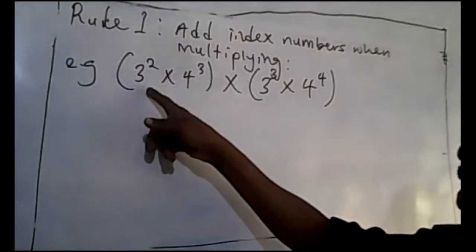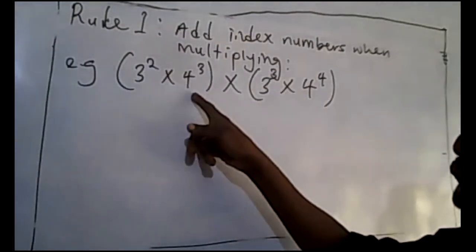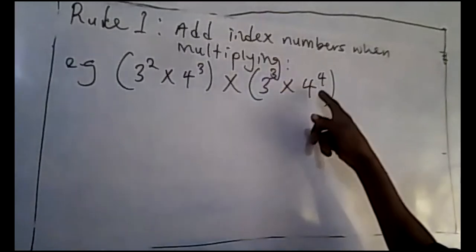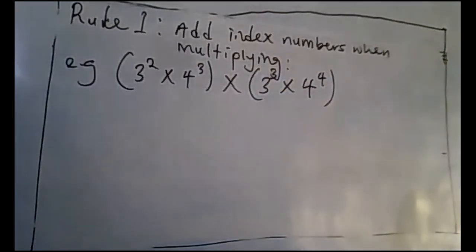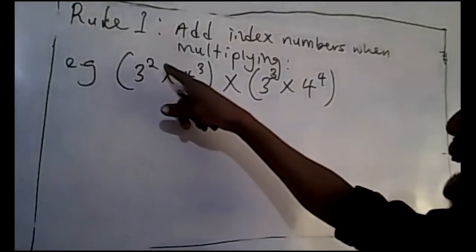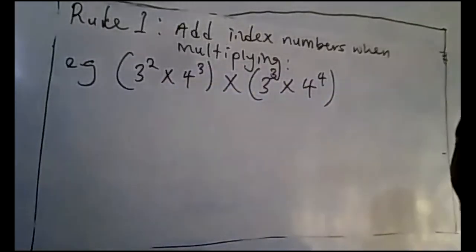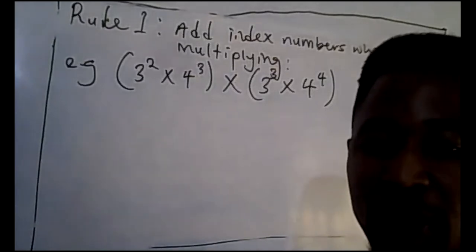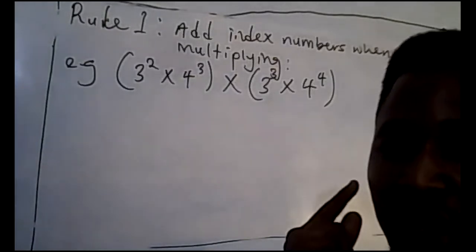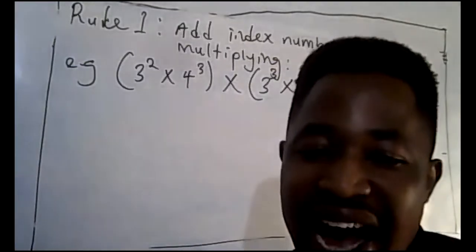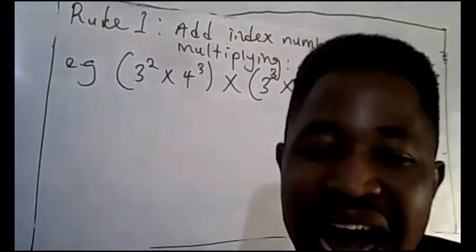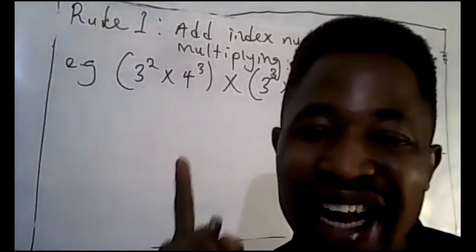So you have 3 raised to power 2 times 4 raised to power 3 times 3 raised to power 3 times 4 raised to power 4. The rule simply says add the powers together when multiplying. Now, you don't just add powers, you add powers of like terms.